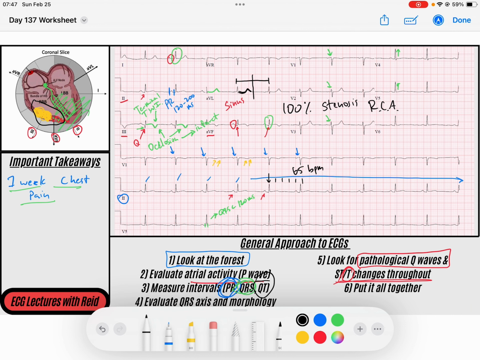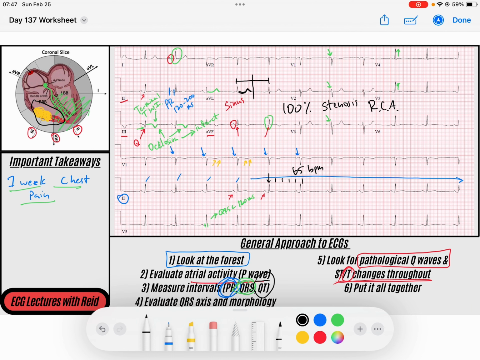And so, unfortunately, this patient was having symptoms that weren't concerning enough for them to come to the ER, and because of that, they had progression of their MI, and they were really unable to salvage a ton of the myocardium that was within the territory that was infarcted.